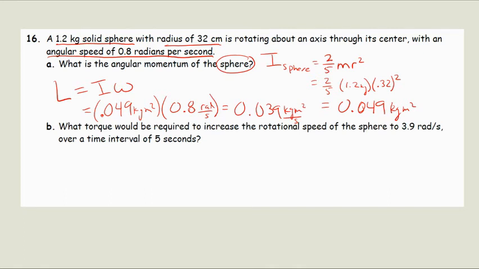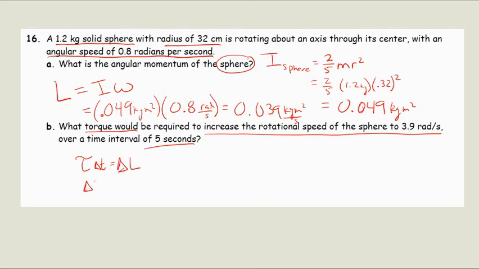Okay? What torque would be required to increase the rotational speed of the sphere to 3.9 radians per second over a time of 5 seconds? Torque is like our force, and if we're applying a force over a certain amount of time, I'm going to change my momentum. So our torque times change in time is equal to our change in angular momentum.